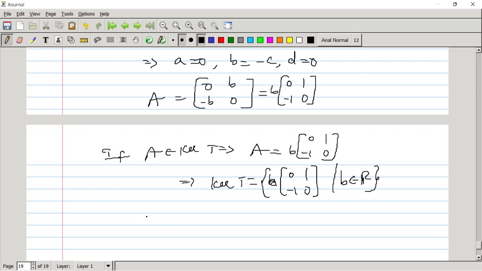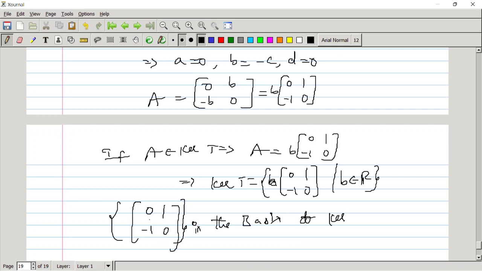So from this we can say the matrix (0, 1, minus 1, 0), written in matrix set form, is the basis of kernel T.